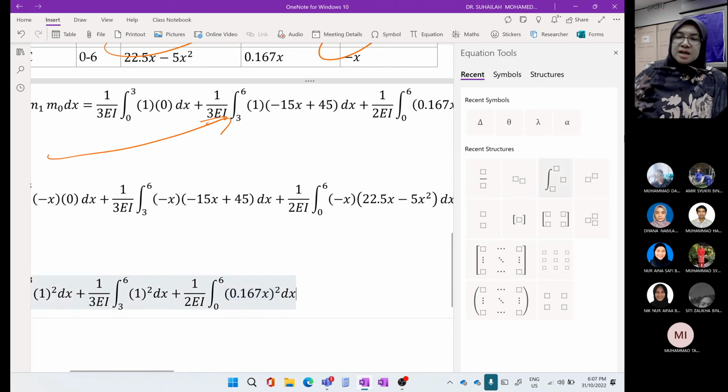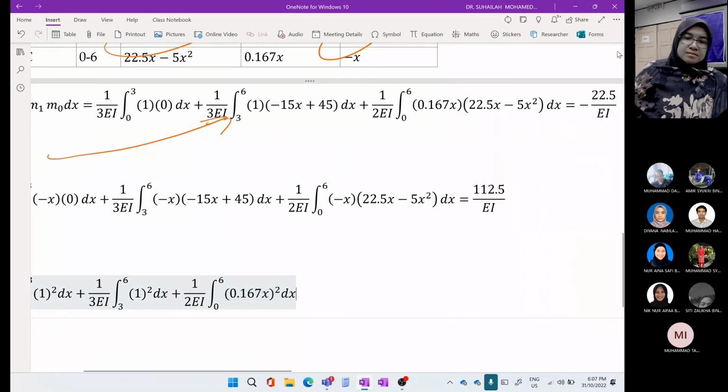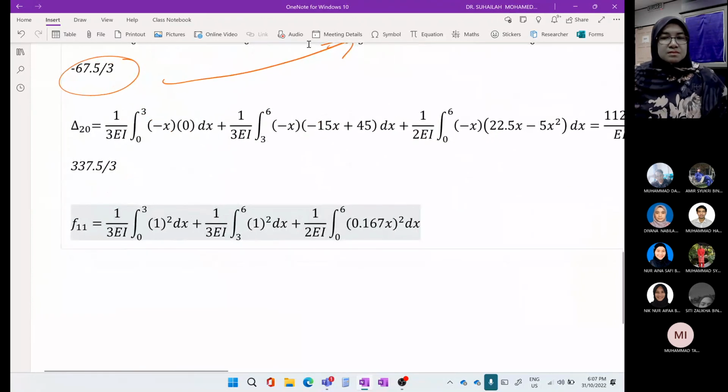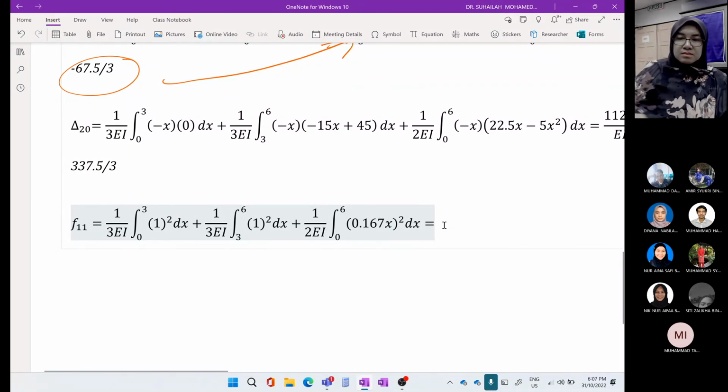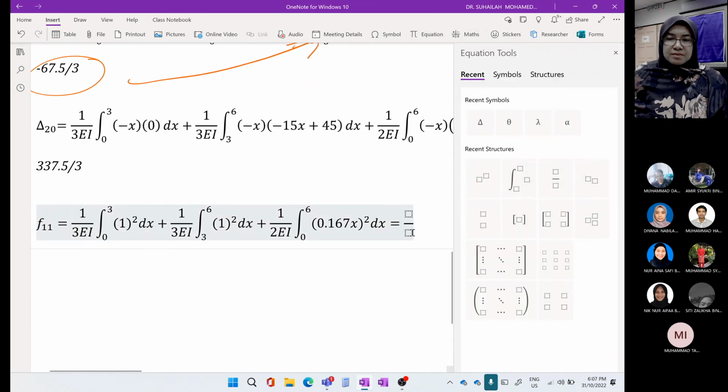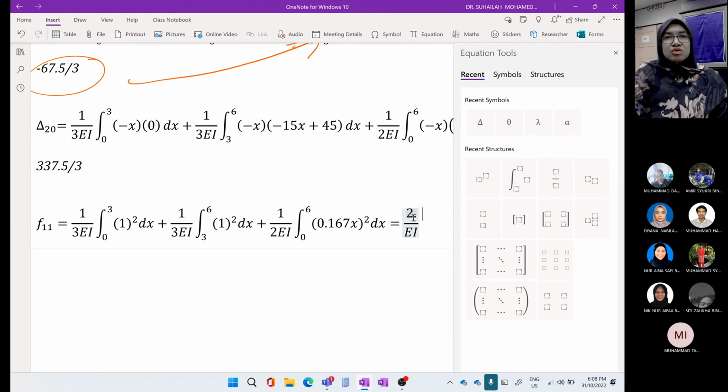Okay, so please calculate this. Over EI, the answer is 2.08.